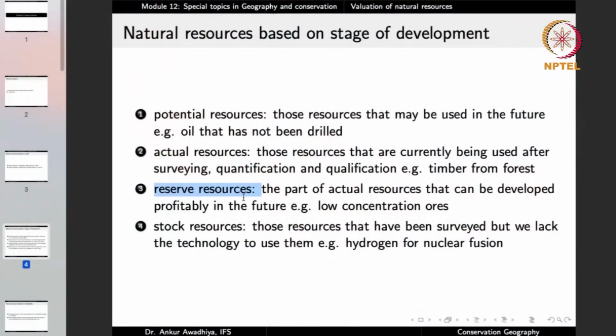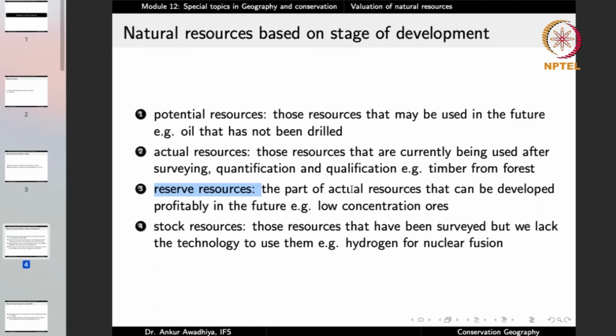But later on, because of technological improvements, or because the preferential trees have already been harvested, there may be a stage where we will have a market for those trees. These resources are a part of the actual resources, a part of the forest from which we are already taking out timber. But we call them reserve resources because they are not that profitable today.